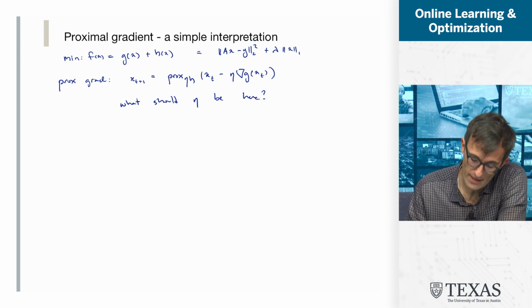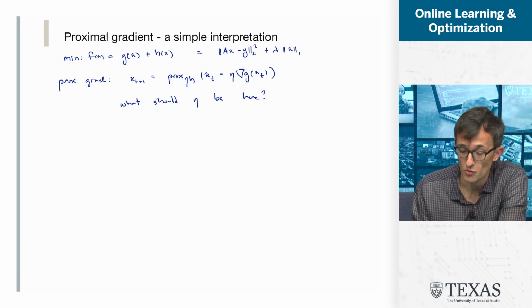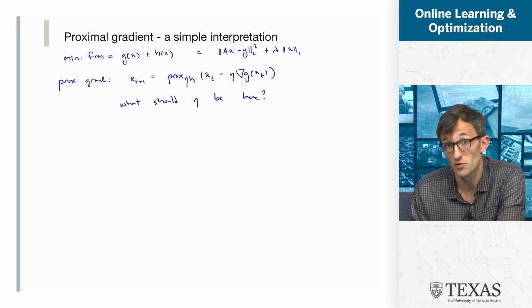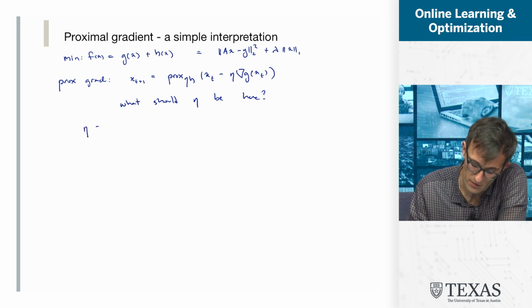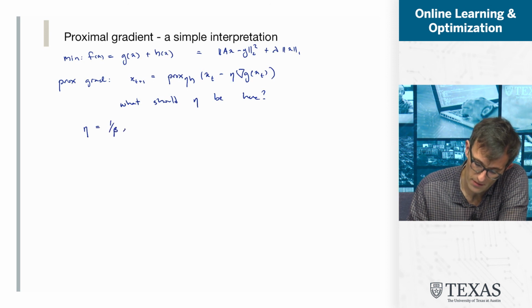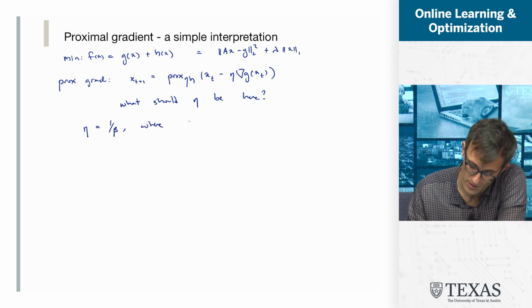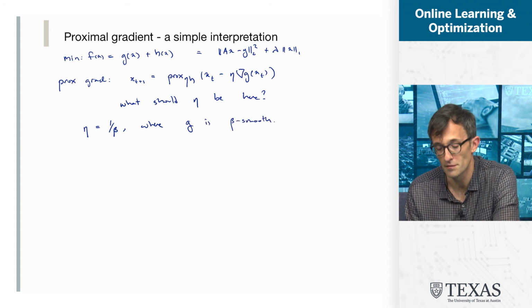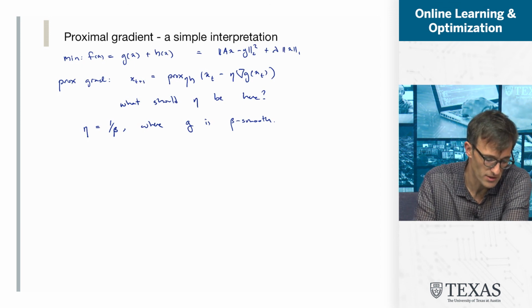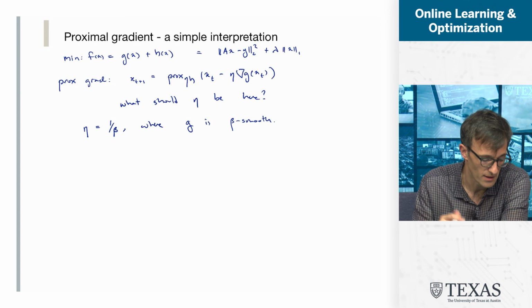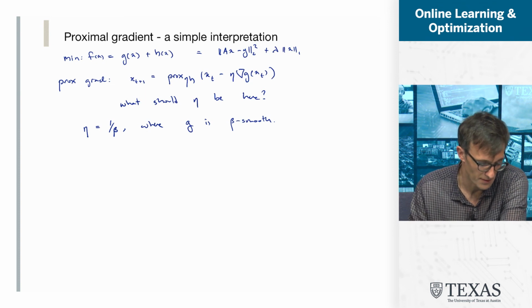Remember that eta is what we need in order to take advantage of just the smoothness of G. So the right choice of eta here is 1 over beta, where G is beta smooth. Remember, that means that the gradient of G is Lipschitz with Lipschitz constant beta. Not just that the function G is Lipschitz, but its gradient is Lipschitz.